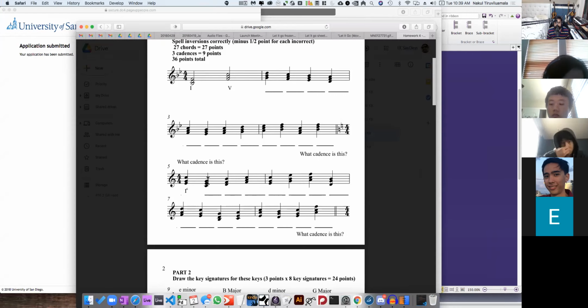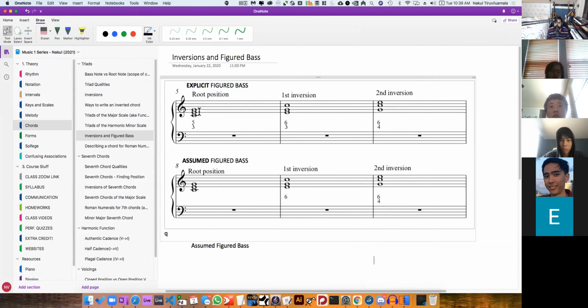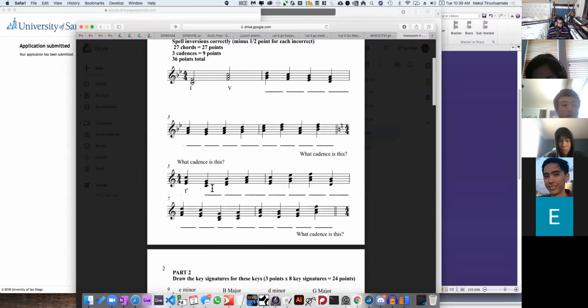And what about the interval between the bottom note and the middle note? A third. So when you have a 5-3 configuration, that is root position. You can explicitly write 5-3, but it's assumed to already be 5-3 because the default intervals are assumed to be fifths and thirds. So you could write it in 2 ways: explicitly, Roman numeral 1 with Arabic numerals 5-3, or you could just write 1, okay?